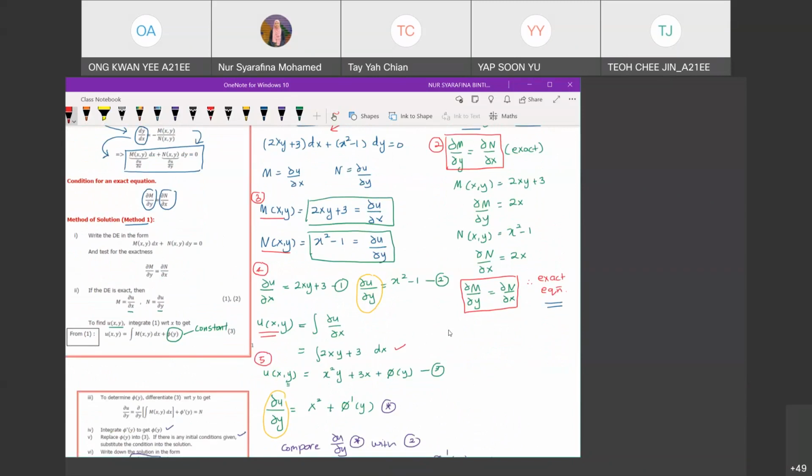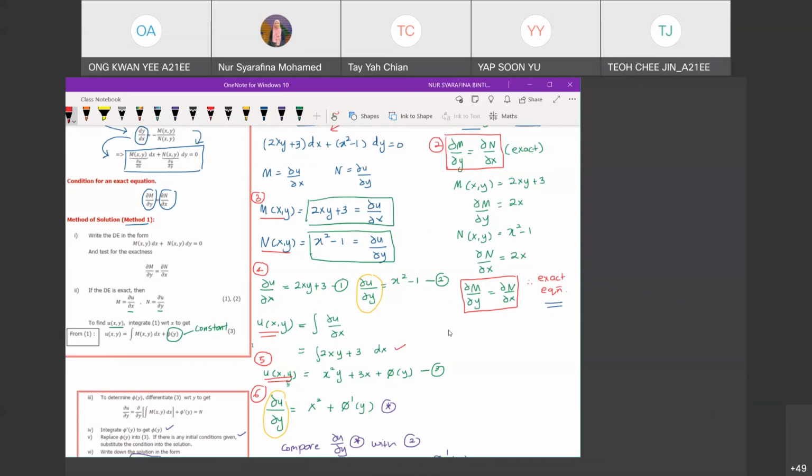Okay, so once you get your uxy, again differentiate the function that you obtain, which is u here, with respect to y, because you want to compare with another one, del u del y. If you integrate the first equation, del u del x, then for this part you differentiate to get del u del y because you want to compare with this.